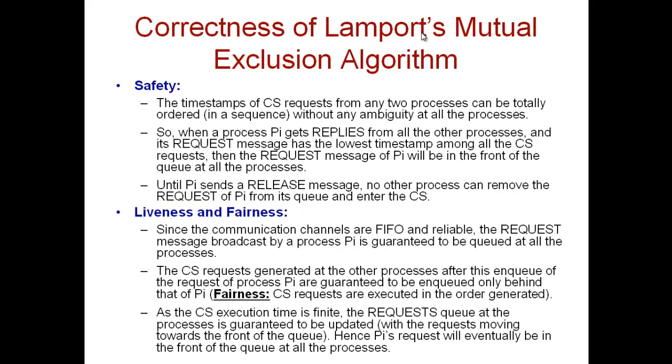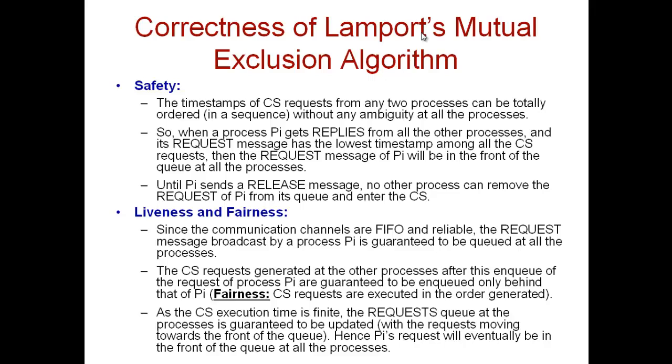Now, in terms of the correctness of Lamport's algorithm with respect to the 3 properties, first safety. You know that all the request messages have a timestamp and they could be totally ordered. So you could say one process's timestamp is lower or larger than another process's timestamp, and as I said, even if there's a tie, you can break the tie based on the process IDs.